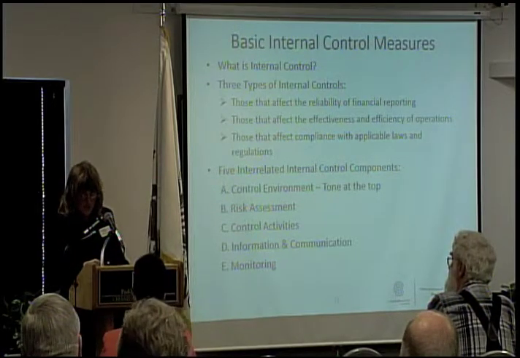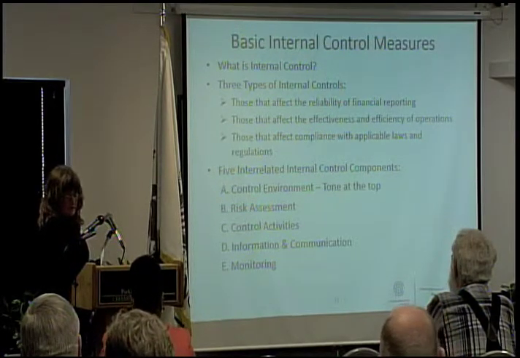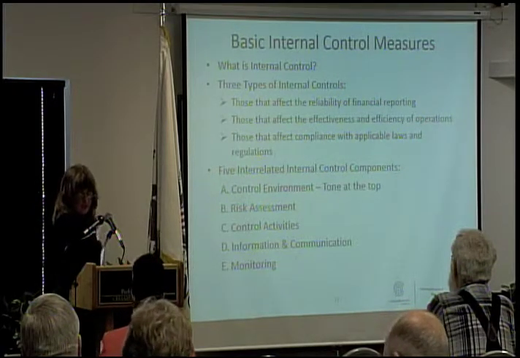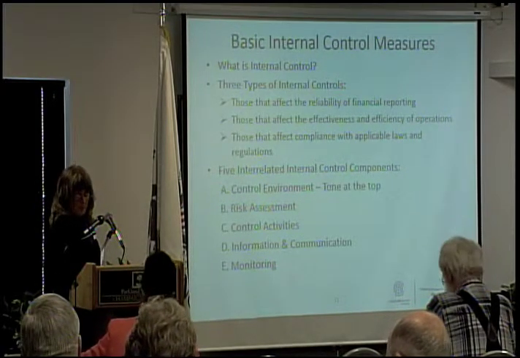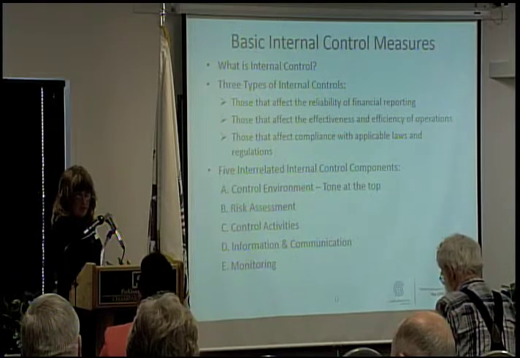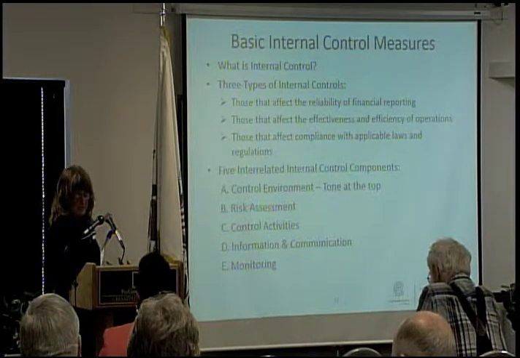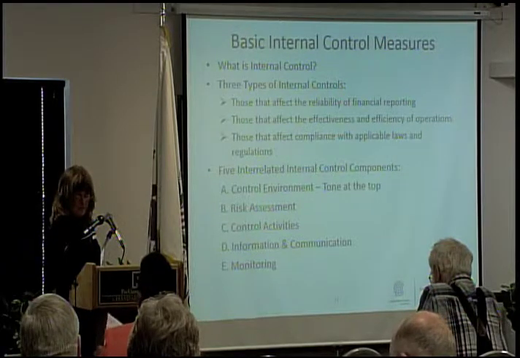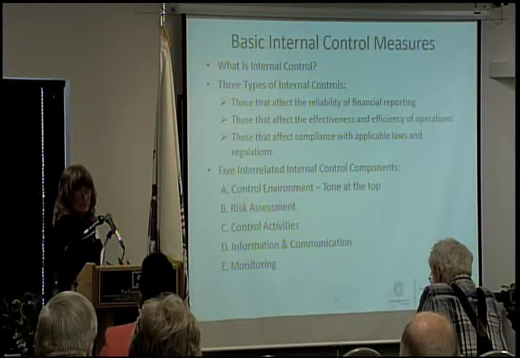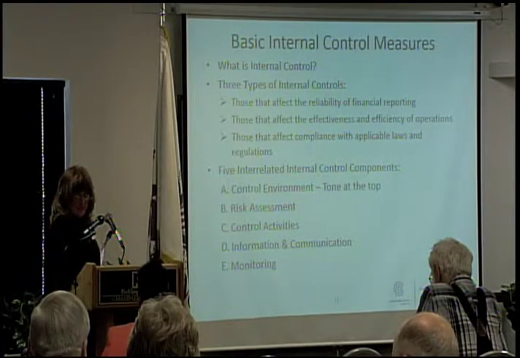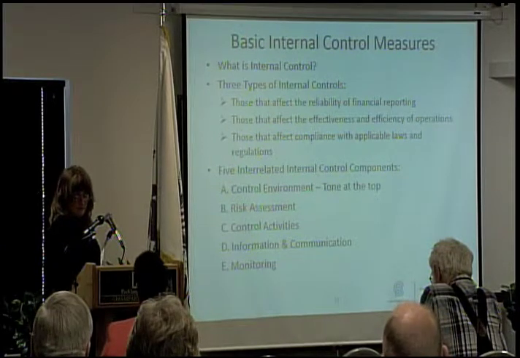The control environment sets the tone of the organization, influencing the control consciousness of its people. It is the foundation for all other components of internal control. Risk assessment is the entity's identification and analysis of relevant risks to achievement of its objectives, forming a basis for determining how the risks should be managed.